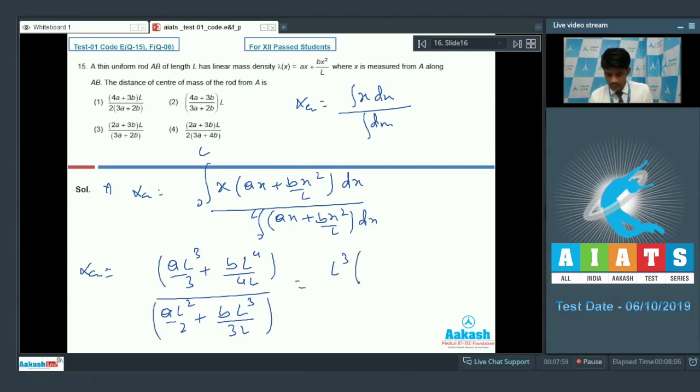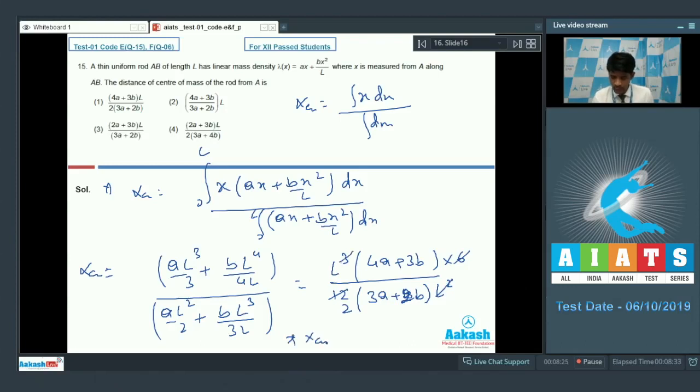So in the numerator it is L^3 times (4a plus 3b) divided by 12. In the denominator it will be (3a plus 2b) into L^2 into 6. This will leave us with 2 here, and this will leave us with L. So overall, the final answer for x center of mass is (4a plus 3b) into L divided by 2(3a plus 2b).